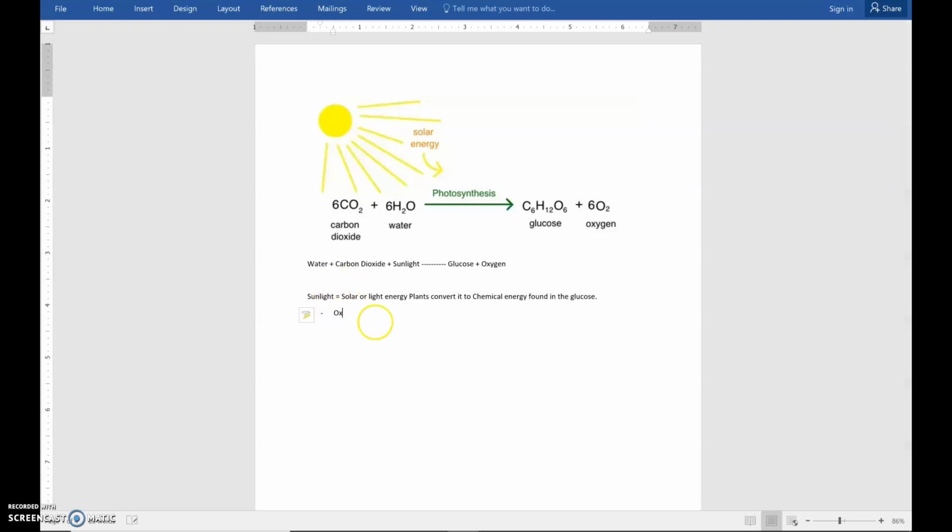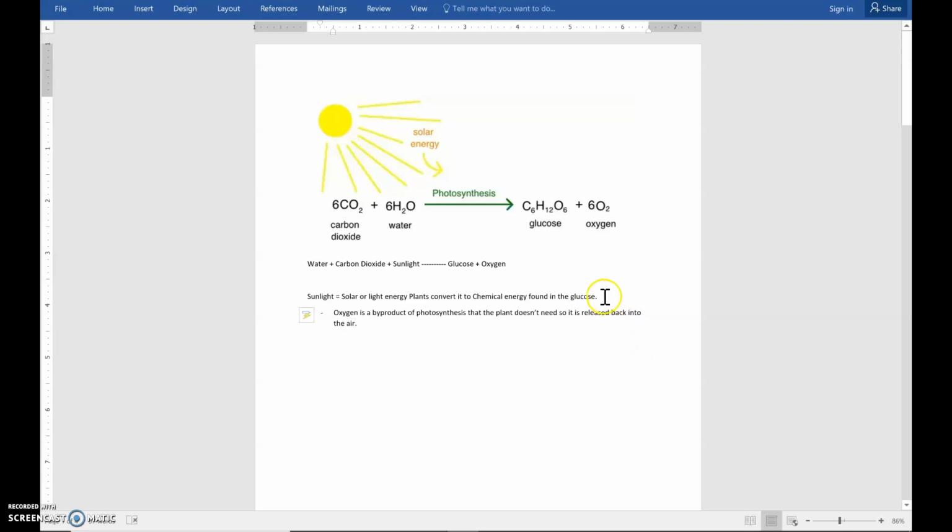Oxygen is a byproduct of photosynthesis that the plant doesn't actually need, so it's just released back into the air.